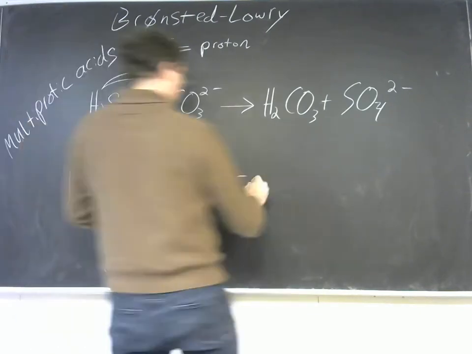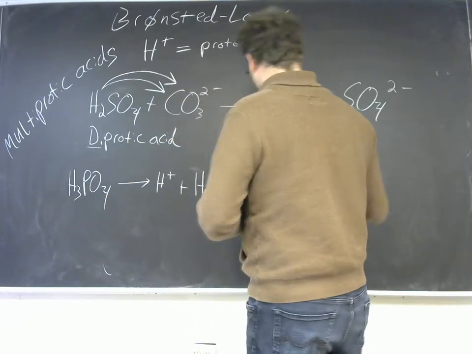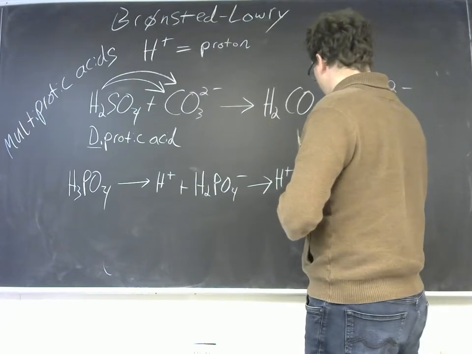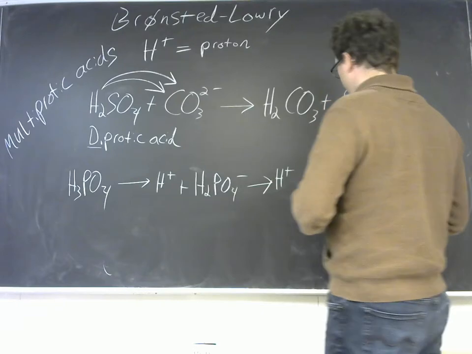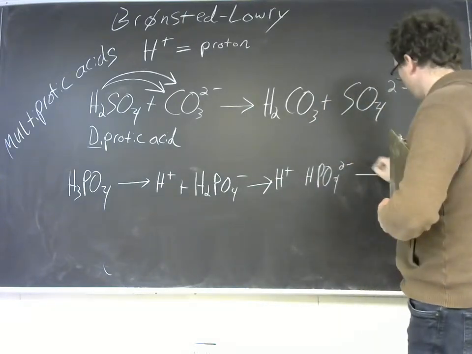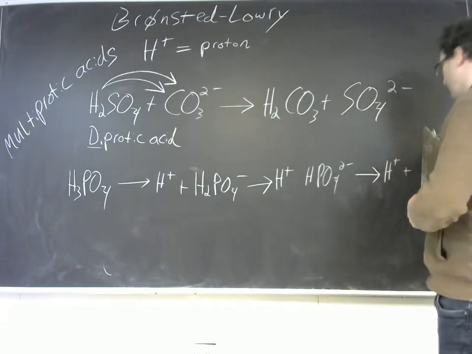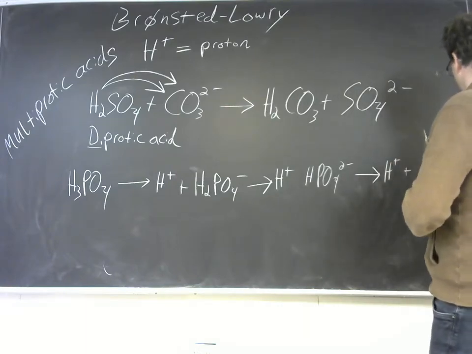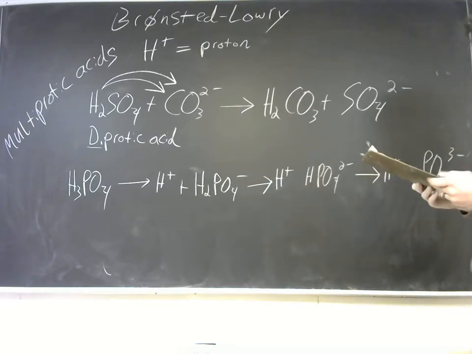Or maybe the H2PO4- will donate another hydrogen, and we end up with HPO4 2-. And then that HPO4 2- might further donate its last proton, H+, to give PO4 3-. And so something like phosphoric acid can donate just 1 proton or 2 protons or 3 protons, depending on the context of its reaction.